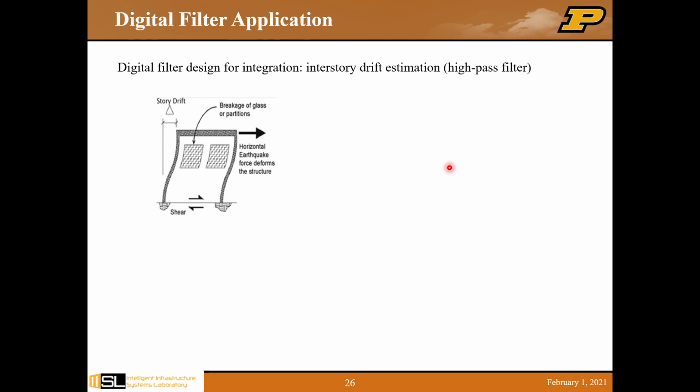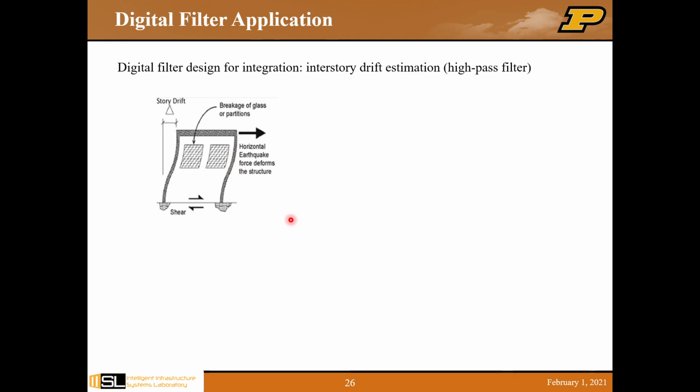The second interesting application is interstructural drift estimation, and it is essentially a high pass filter. Interstructural drift is a very important indicator for us to estimate the condition of buildings under earthquakes. But direct measurement is very expensive, right?